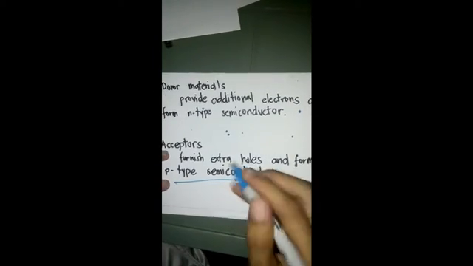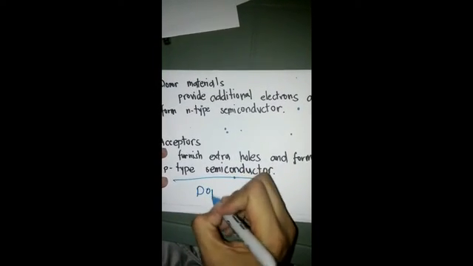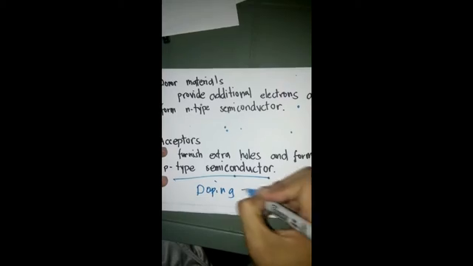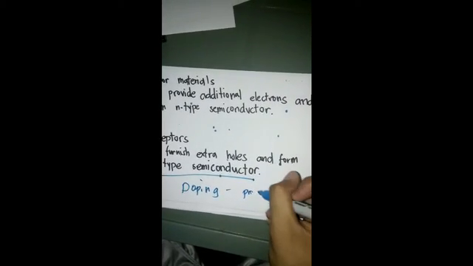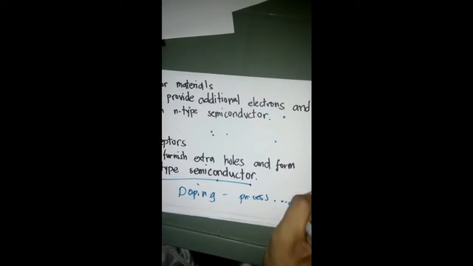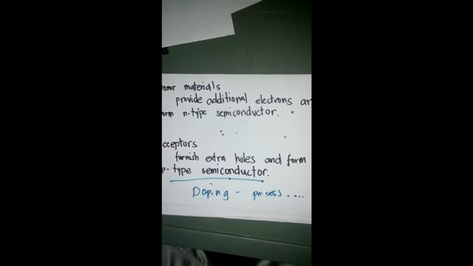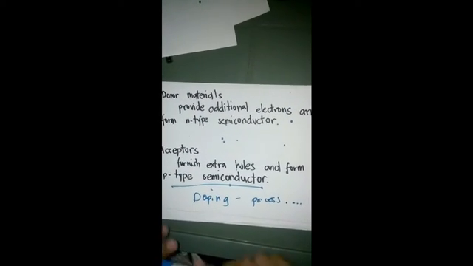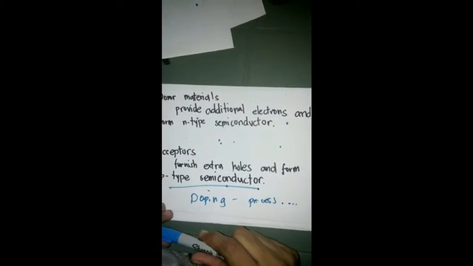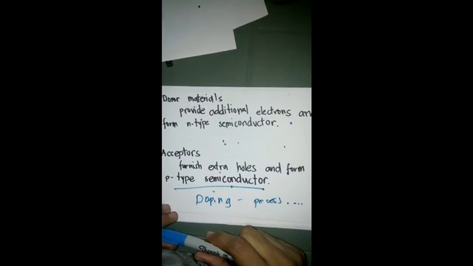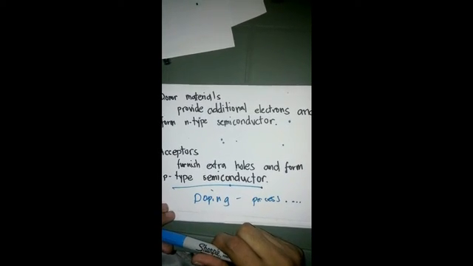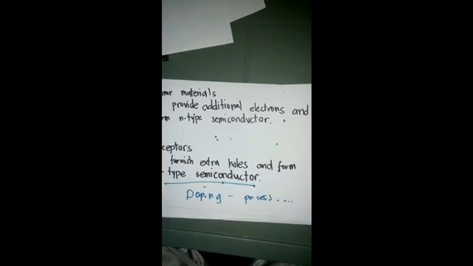The process is known as doping. A donor concentration in silicon as low as 1 part in 10 raised to 7 causes an increase in the conductivity by a factor of 10 raised to the 5.